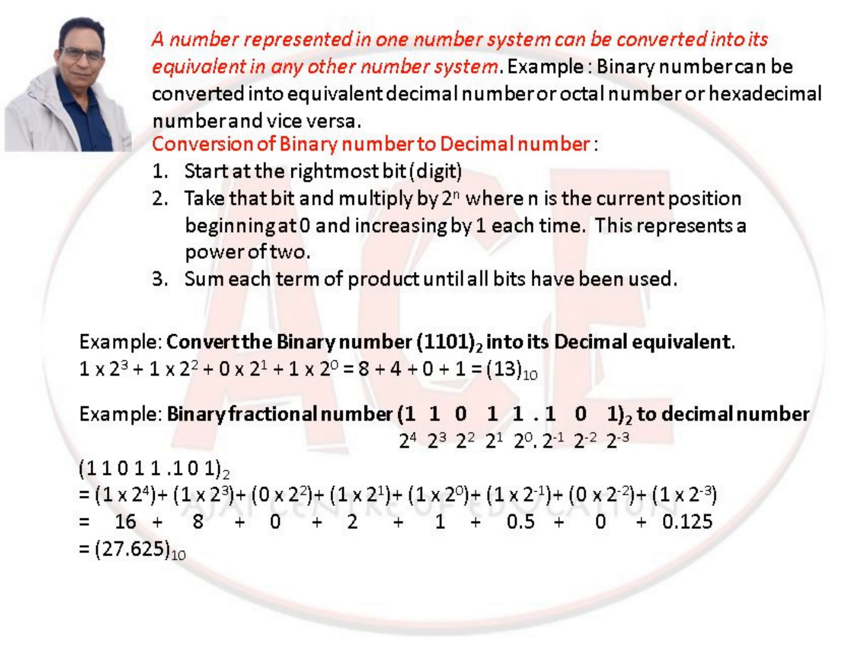For example, to convert a binary number to a decimal number, the rules are: number 1, start at the rightmost bit. Number 2, take that bit and multiply by 2 raised to power n, where n is the current position beginning at 0 and increasing by 1 each time. This represents the power of 2. Sum each term of the product until all bits have been used.